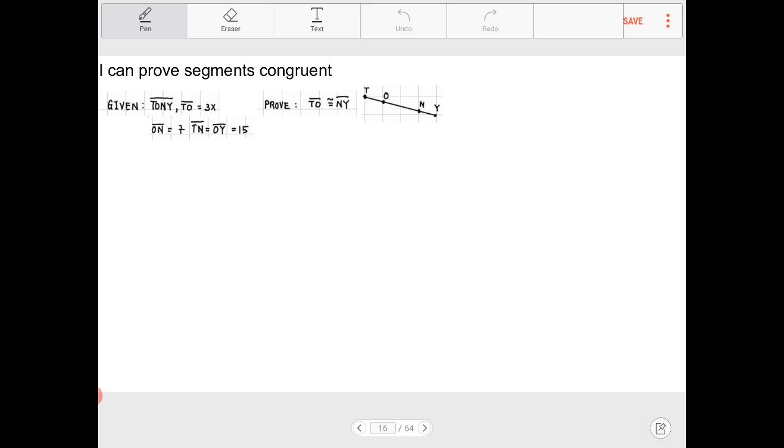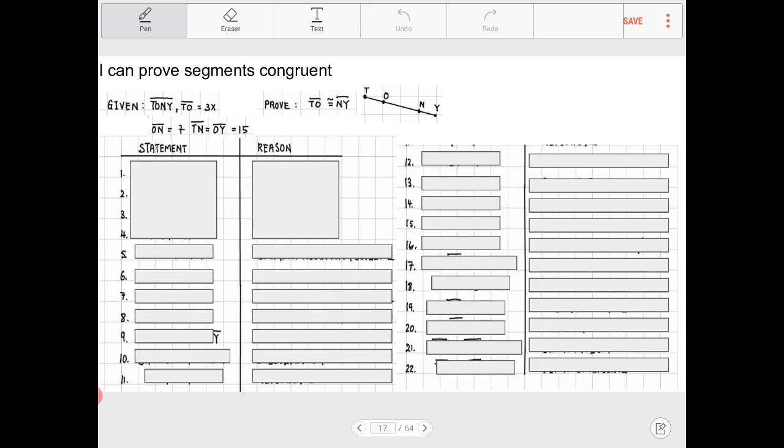Oh, and one more thing, TO is also equal to 3x. Okay, with that understanding, let's create a two-column proof. Because this problem is asking for us to prove that those two segments are congruent. So how are we going to do that? What we're going to do is first write out all the givens.